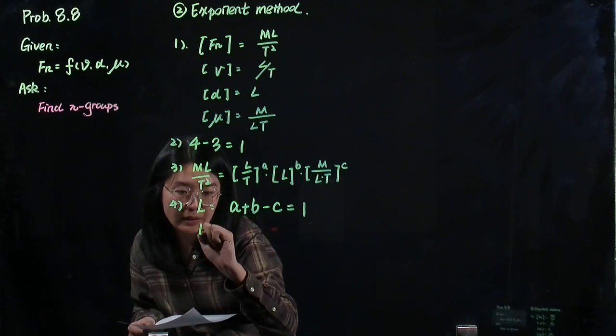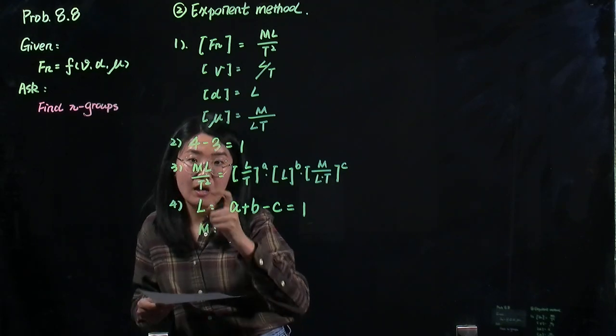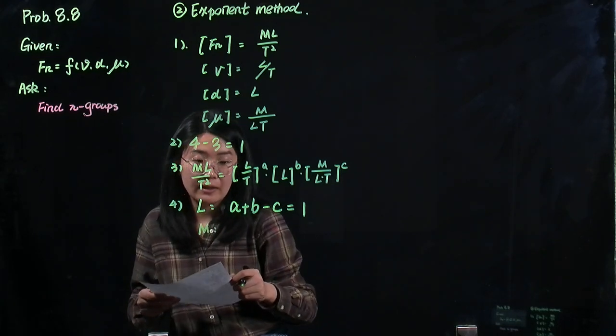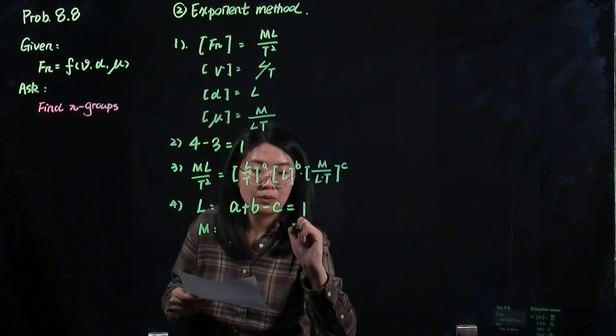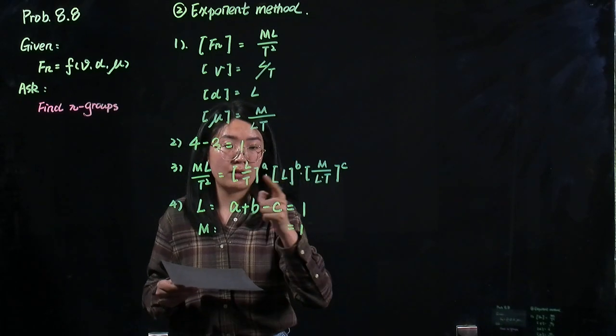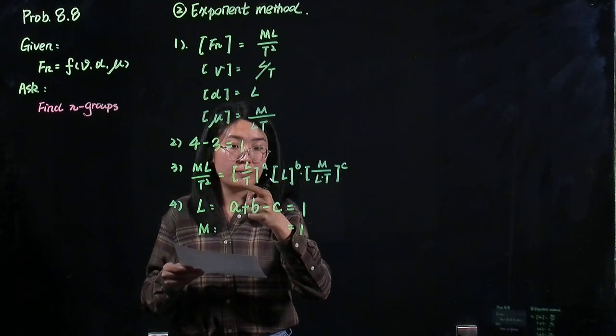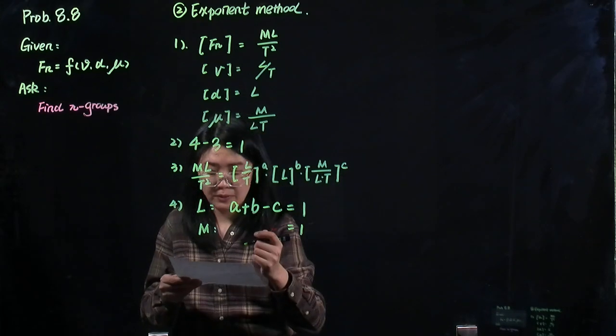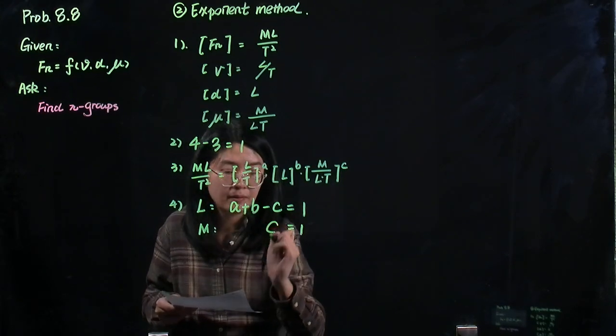For the M, on the left hand side it also equals 1, and on the right hand side the power is C here.